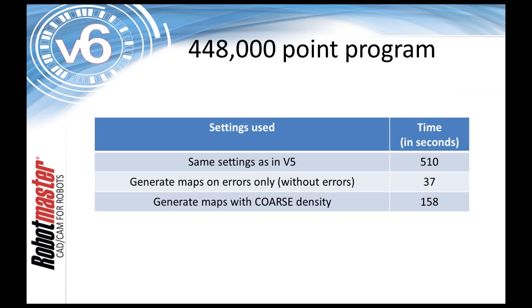Now, we checked generate map on errors, and there was no error, so just the determination of if the path was good or not took 37 seconds, which is a fraction of the time compared to 8 minutes. And then we also generated the maps using coarse density, and that took 158 seconds, which is a little bit over 2 minutes. Therefore, even if you need to generate the maps, you can do it in a fraction of the time that it took in V5.